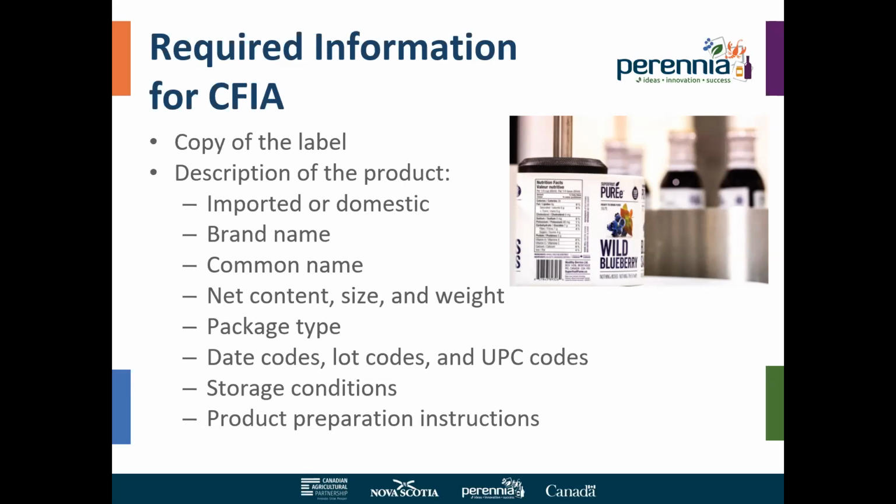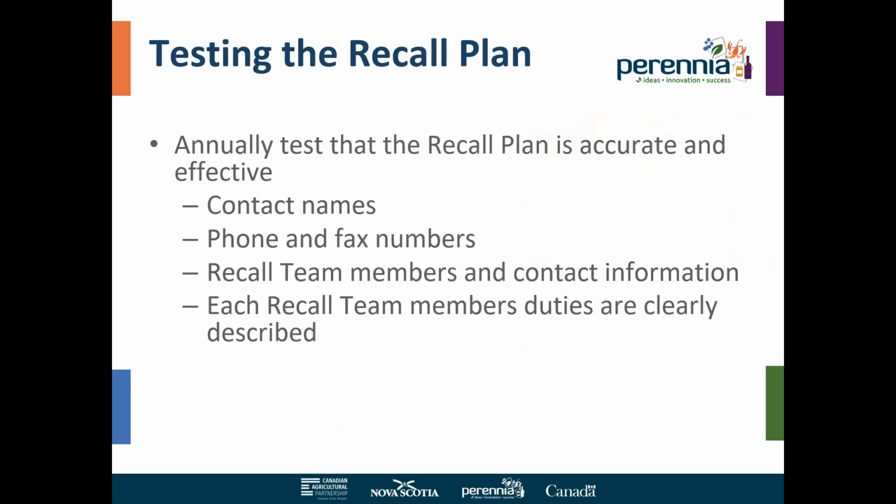So are your fruits or vegetables stored at ambient temperature, or is it, let's say, packaged mixed greens or vegetables for salad mix that needs to be refrigerated? And then how is the product going to be prepared? So these are questions that the CFIA will be asking of you when you contact them to let them know that you may be in a recall situation.